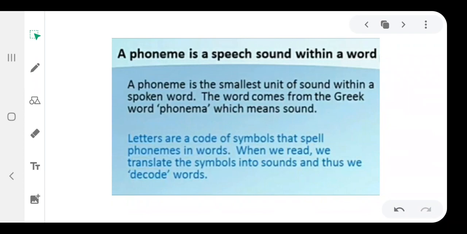A phoneme is the smallest unit of sound within a spoken word. The word comes from the Greek word phonema, which means sounds. Letters are a code of symbols that spell phonemes in words. When we read, we translate the symbols into sounds and thus we decode words.